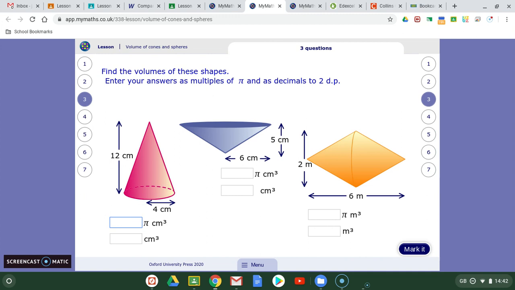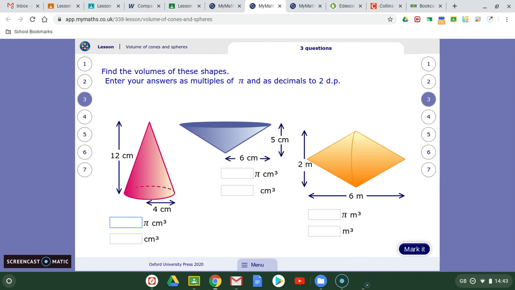Now, actually, if this was a non-calculator question, you could, of course, do that without a calculator. So let's do it without a calculator first of all. So volume equals a third times pi times 4 squared times 12. So let's sort that out. Now I'm going to do a third multiplied by 12, because remember, multiplication you can do in whatever order you want. A third times 12 gives you 4.